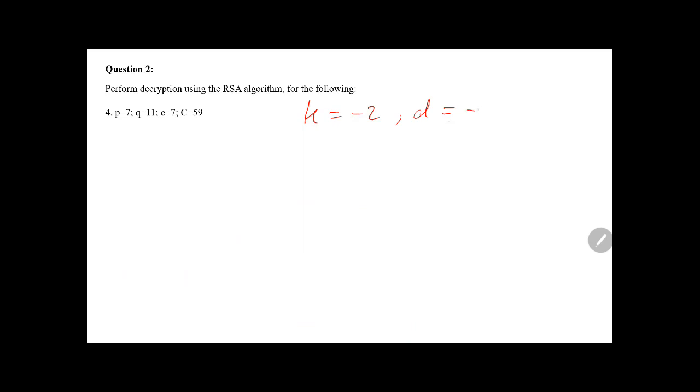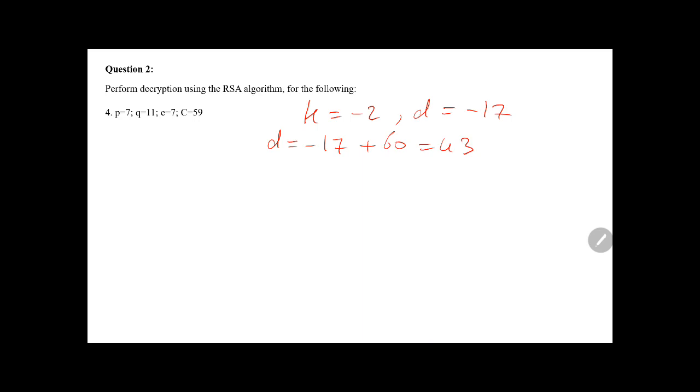So we have k as negative 2, d as negative 17, and remember we can't have d as a negative value, so to get the d we do negative 17 plus the Euler's quotient, and the Euler's quotient here was equal to 60. So negative 17 plus 60 is equal to 43.